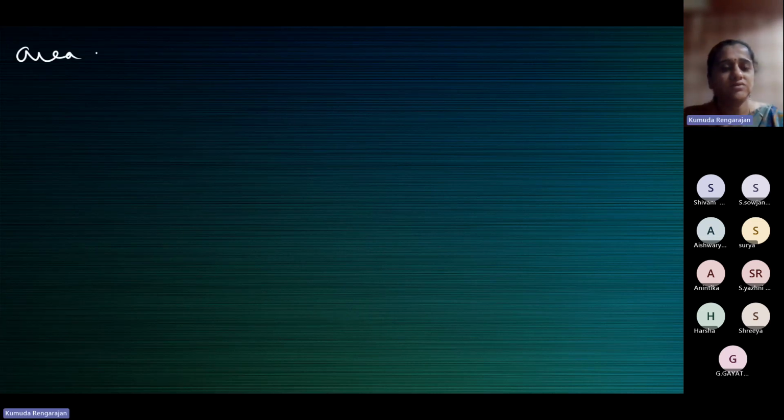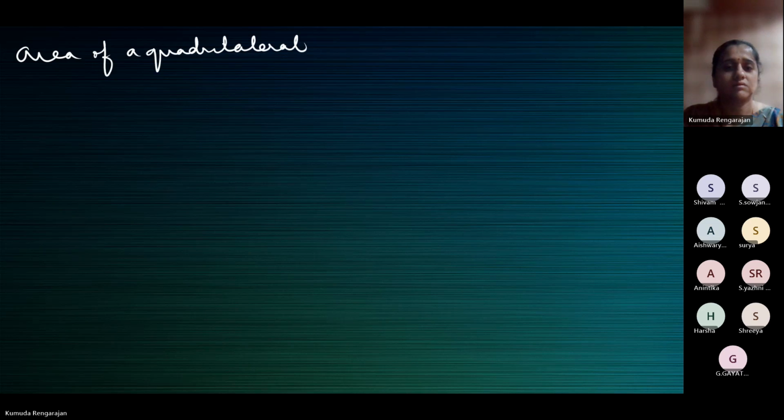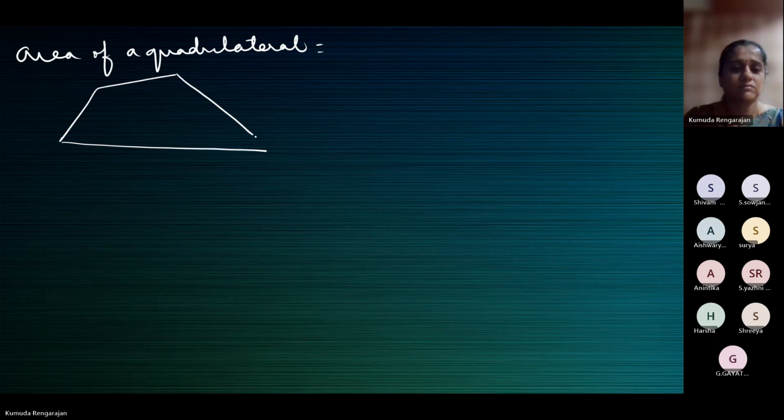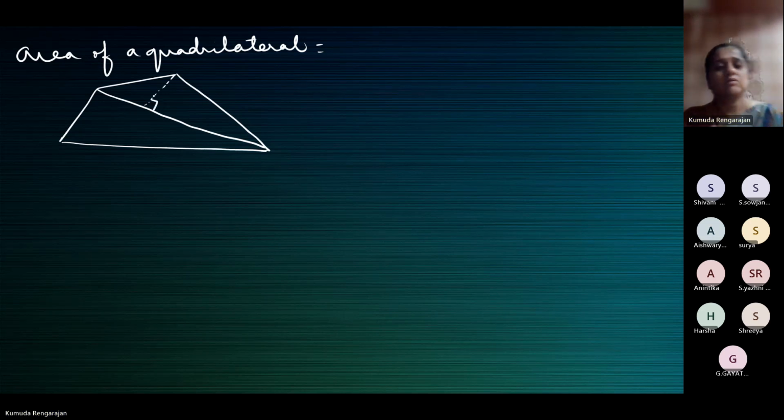Area of a quadrilateral in general is equal to, see here. This is a diagonal and you will be given the lengths of the altitudes on that diagonal from the opposite vertices.